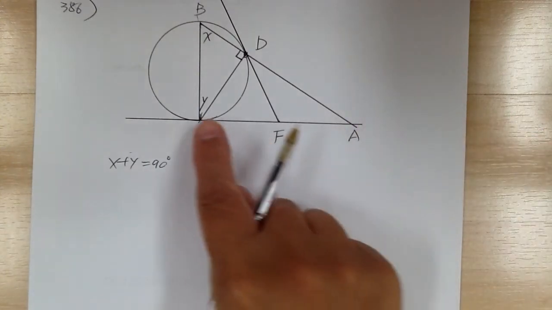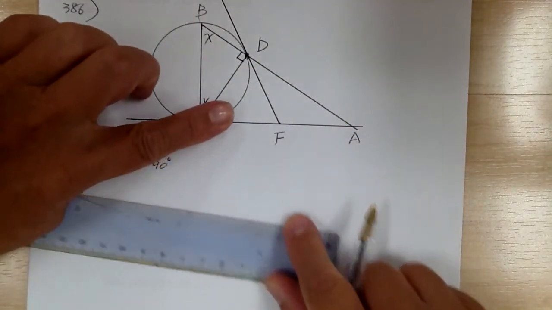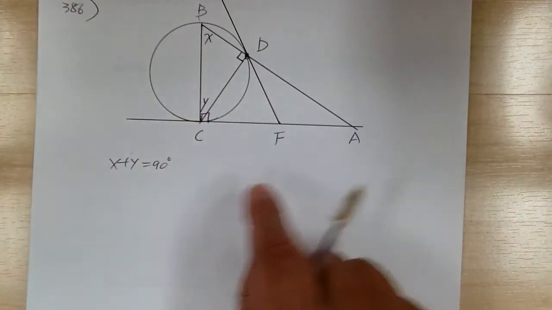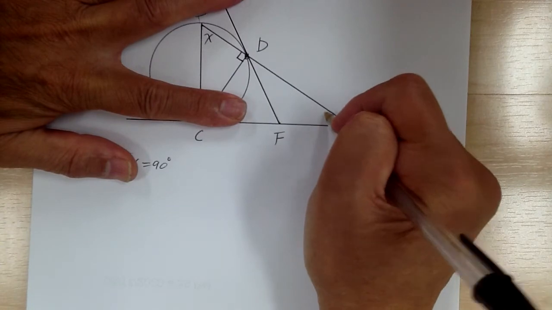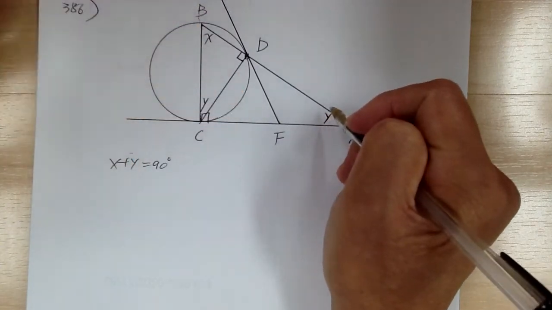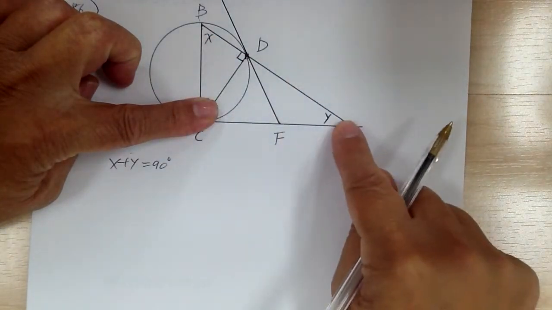Now if you look at this triangle over here, x plus y equals 90, and therefore this must also be a y.